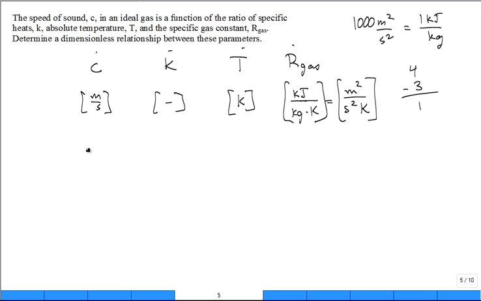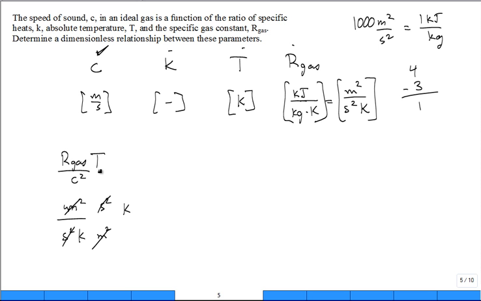Let's start with R gas, which has meters squared per second squared Kelvin. Looks like I'm going to use C to get rid of seconds. So divide by C squared, meters squared per second squared. Not only does it get rid of seconds, it gets rid of meters. And then Kelvin, I'll multiply by temperature, Kelvin.